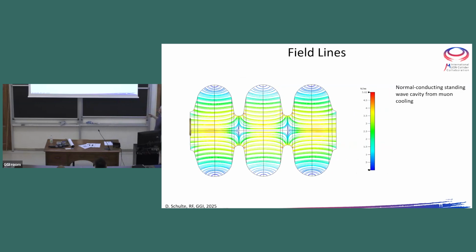So these are field lines in the cavity. This is a normal conducting cavity for the muon cooling system, and you see the lines here. And this here is the field level, and what you see is that the field inside of the cavity, in the center of the cavity, doesn't depend very much on the transverse position. That's how you design the cavity.